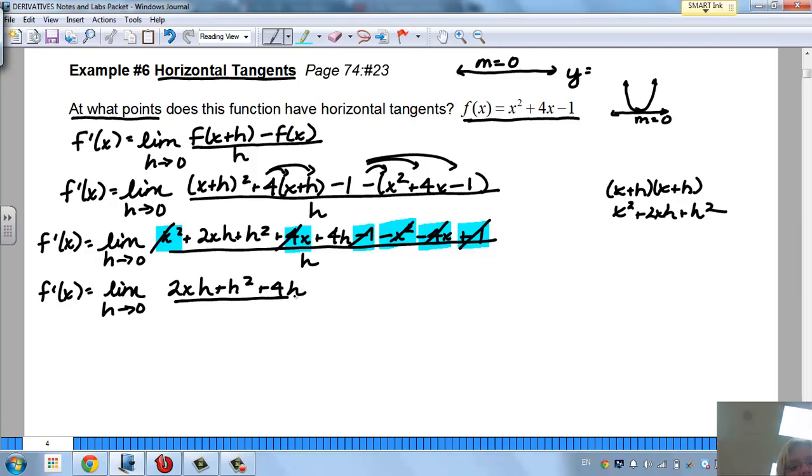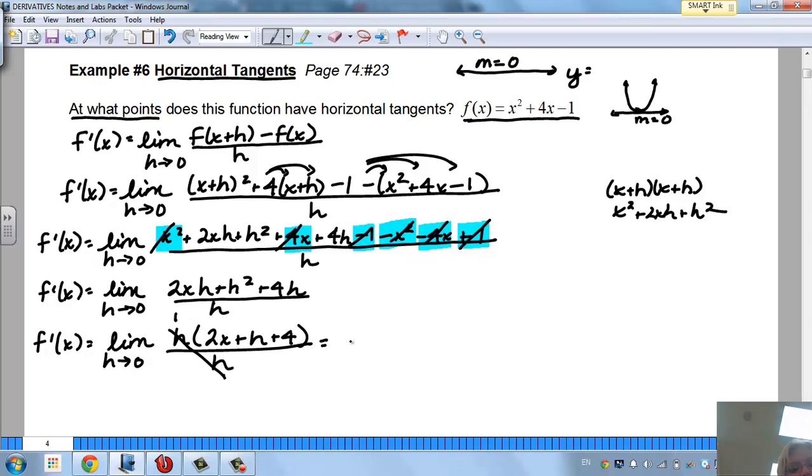Now I still can't plug my 0 in, so I'm going to continue on and factor out an h in the numerator so I can maybe plug in my 0. If I take an h out, I have 2x plus h plus 4 all over h. These I can cancel out and make a 1. Thanks for playing.